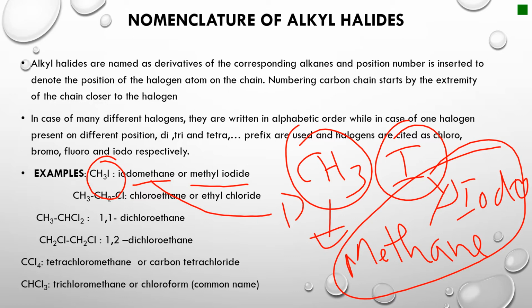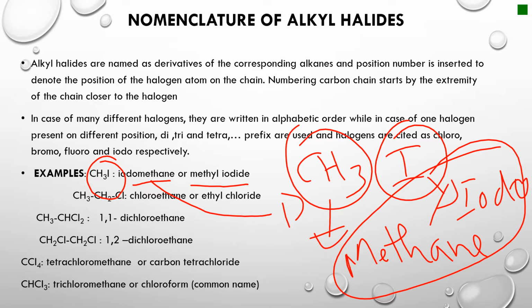Conclusion: to construct the name of an alkyl halide systematically, we write the name of the halogen followed by the name of the parent alkane, and the halogen here is iodo and the parent alkane is methane. So the name comes as iodomethane.